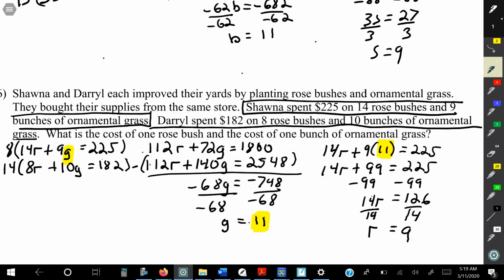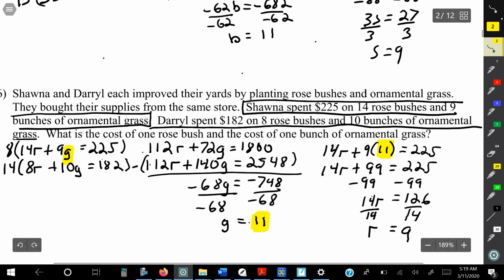So again, I took a look, don't have the same number. I can't multiply 8 to get 14. I can't multiply 9 to get 10. So I took the 8, multiplied it up top, 14, multiplied it on the bottom, got my equations, then subtracted. And these numbers are kind of big, but that's okay. We just go ahead, type in the calculator, and you subtract, solve for G, then plug your G in.